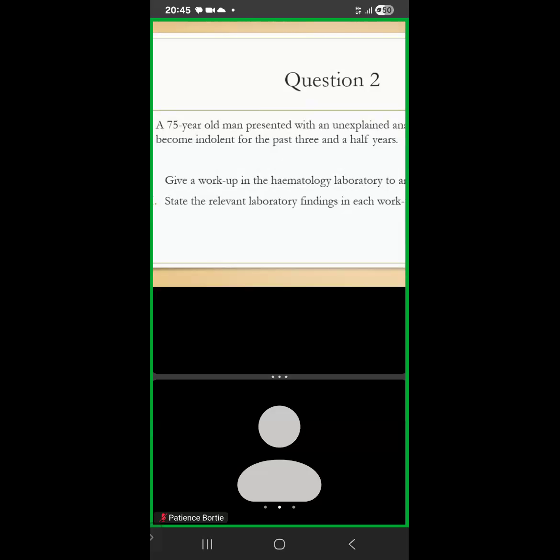So the language we must know. It's very important that we know and understand language. I remember when we were in school, they taught us language. In pathology, there was a topic called language. So we are learning the language of pathology.